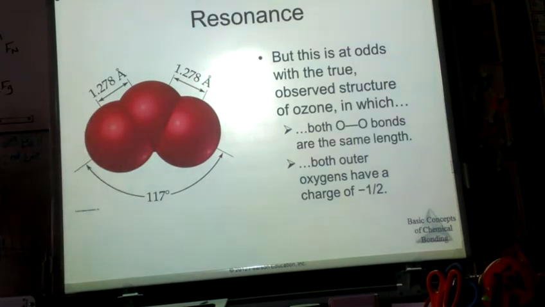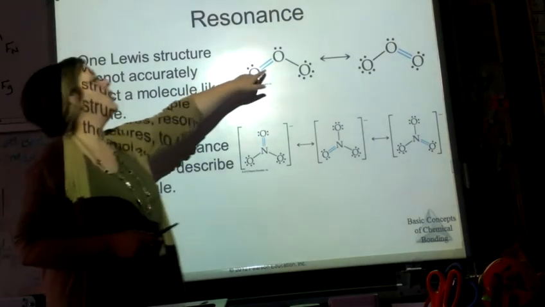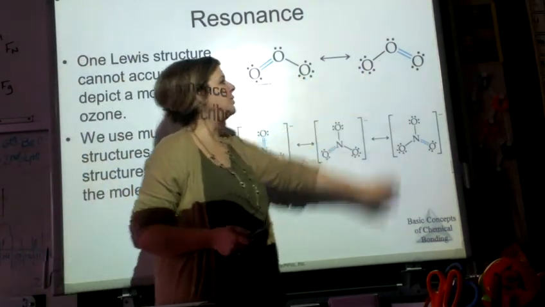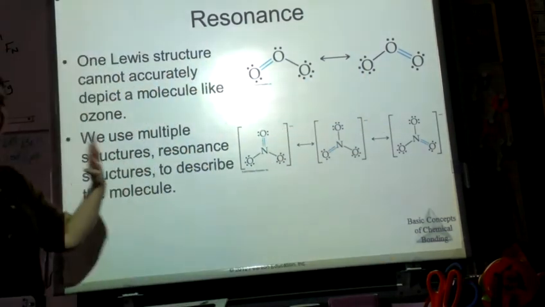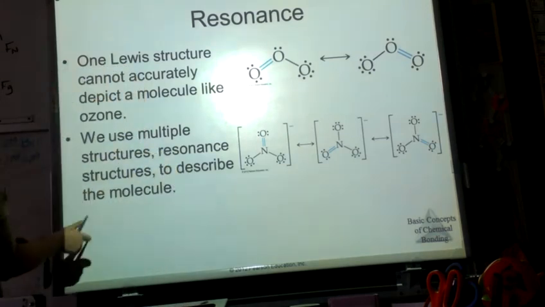So ultimately, one Lewis structure really doesn't do justice. I could have ozone looking like this, we could have ozone looking like that, and it's really a hybrid of the two that we find in nature itself.